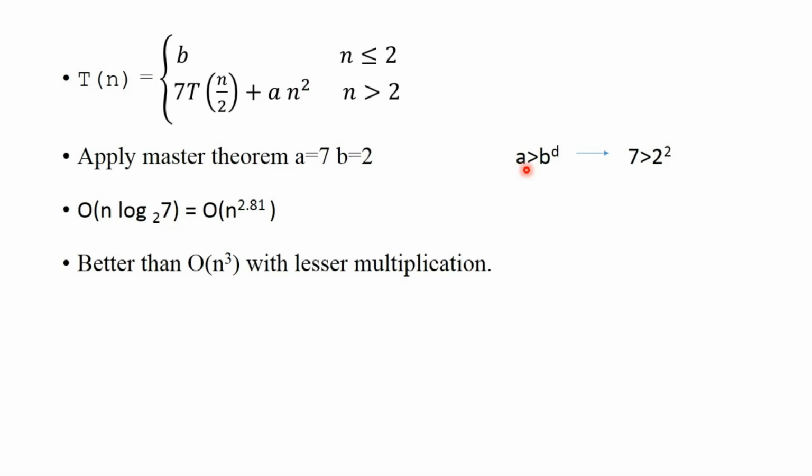So this falls under the case A greater than B power D, which is 7 is greater than 2 to the power of D, because D is also 2. So we get order of n log of 7 to the base 2, which is approximately equal to order of n to the power of 2.81, which is better than the normal n cube with more number of multiplications.